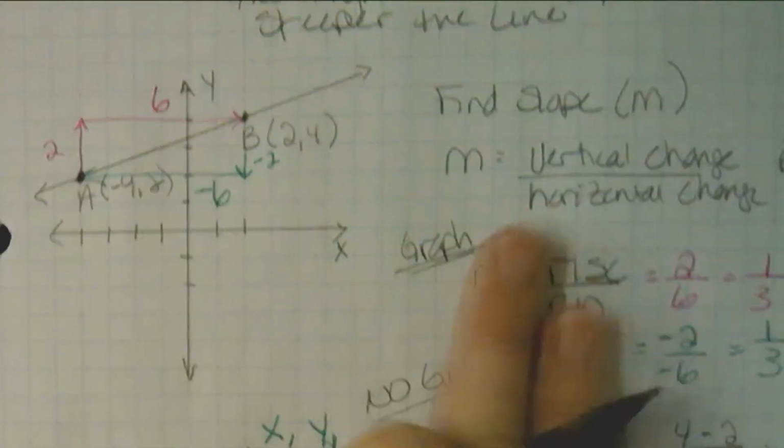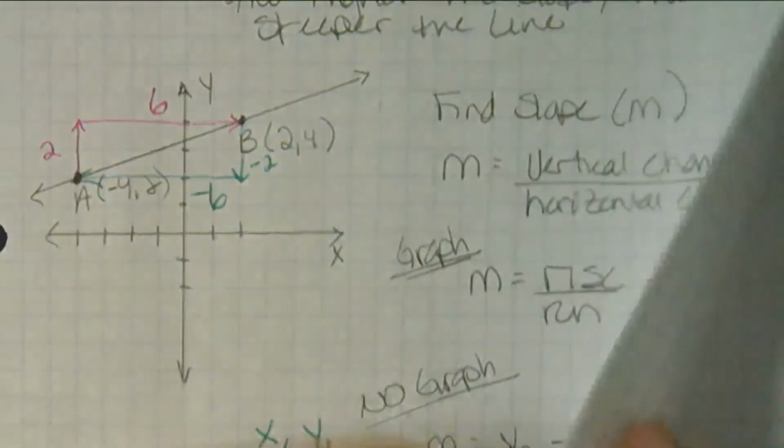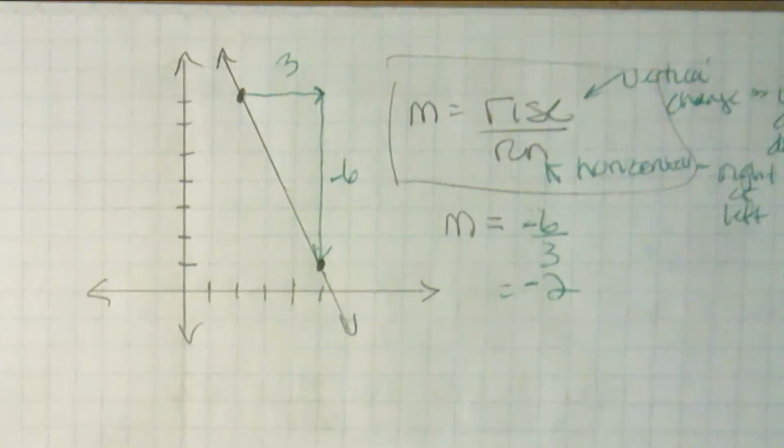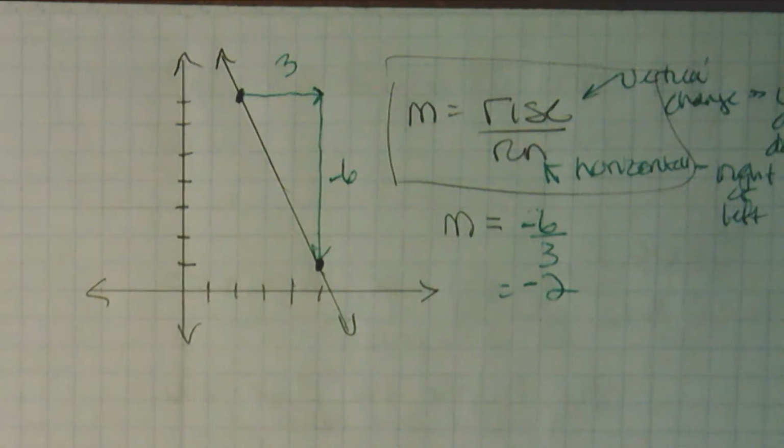This one here. What was our slope? 1/3. All right. In this one right here, what was our slope? This is not a trick question, I promise. Natalie? Negative 2.